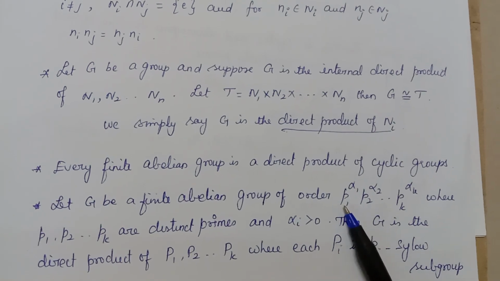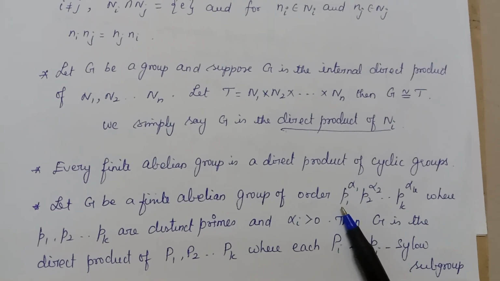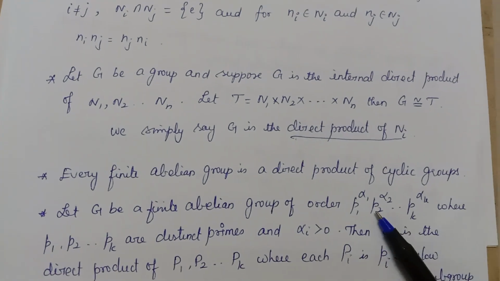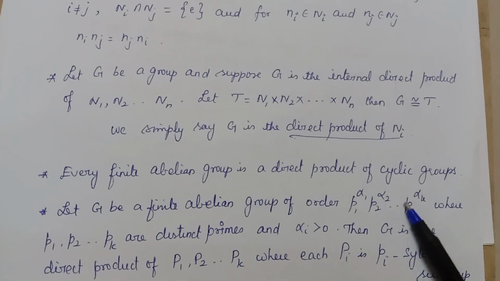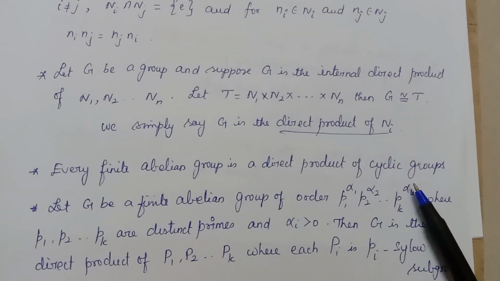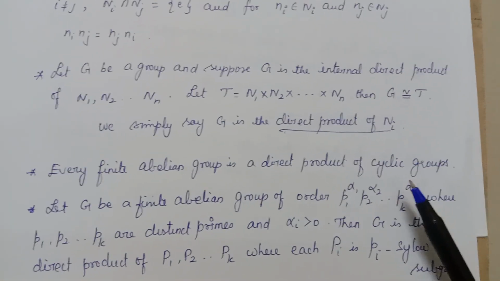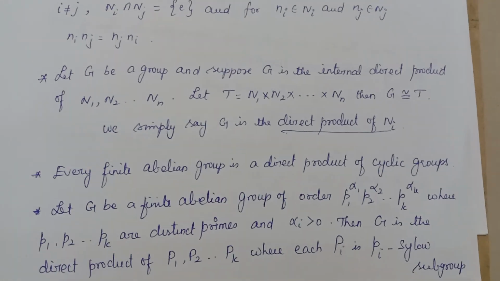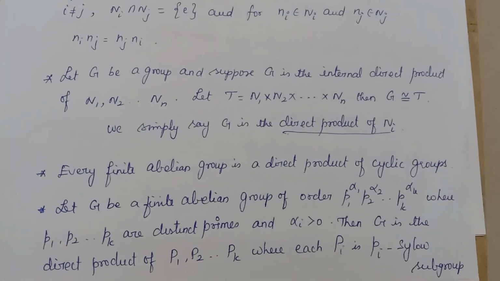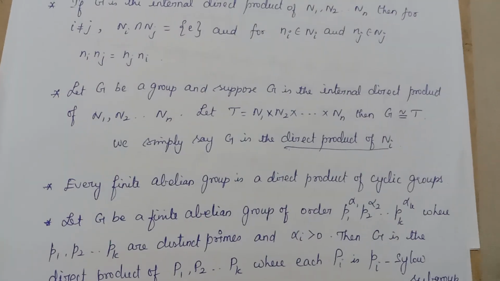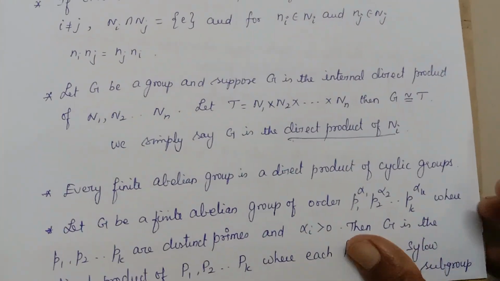Definitely we know it has a P1 Sylow subgroup, and similarly it has a P2 Sylow subgroup of order P2 power alpha 2, etc. It has a Pk Sylow subgroup. Okay, all the Sylow subgroups are normal subgroups only. So we can write this G as what? Direct product of P1, P2, etc. up to Pk. So this is what this theorem states.